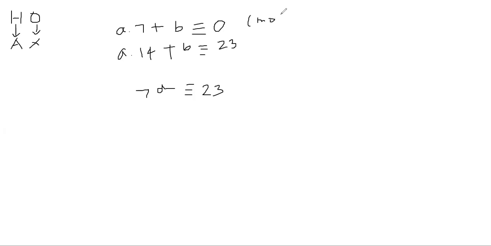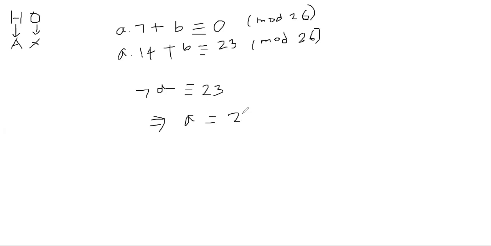We know 7 is relatively prime to 26, so the inverse of 7 must exist. The inverse in mod 26 is 15, because 7 times 15 is 105, which is 1 in mod 26.